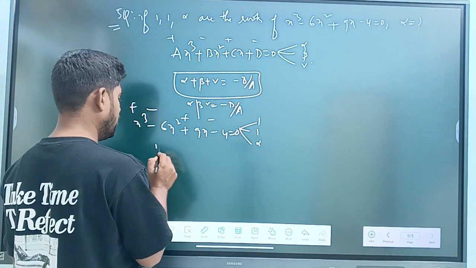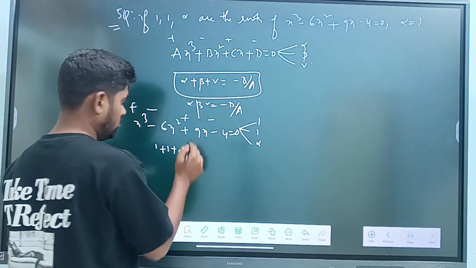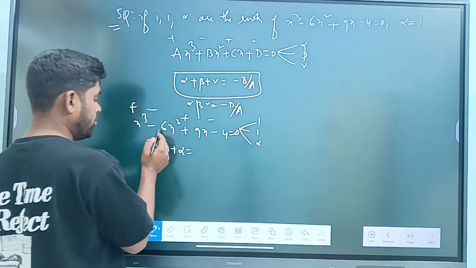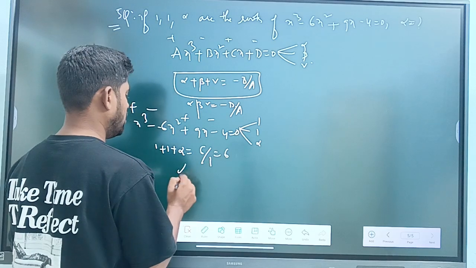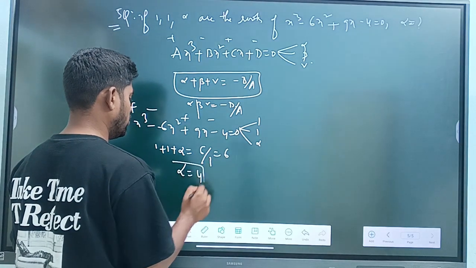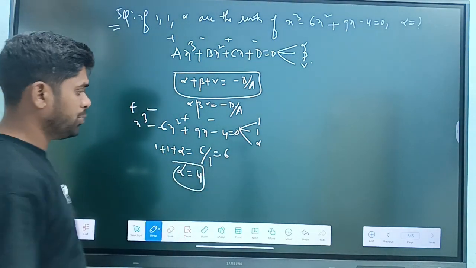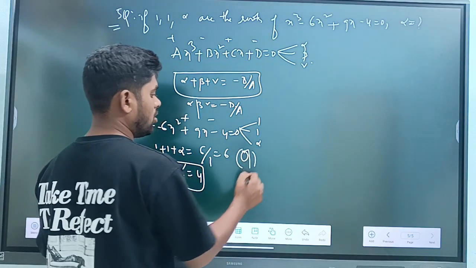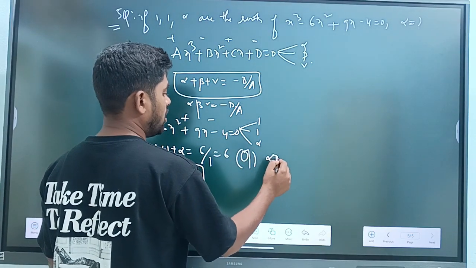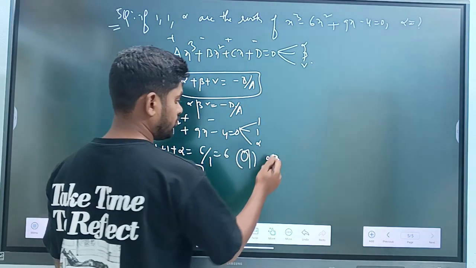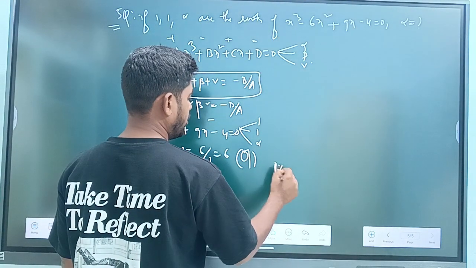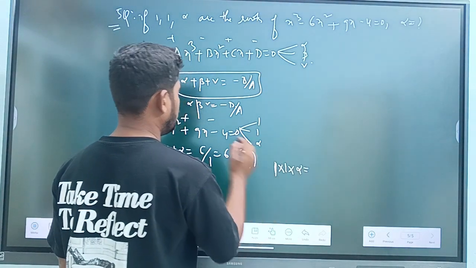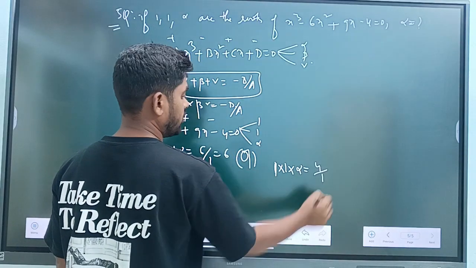Compare చేసుకోండి, 1 plus alpha equal to minus b by a, that is 6. So alpha is what? 4 అవుతుంది. 6 minus 2. లేకపోతే ఇలా కూడా చేయొచ్చు. Product of the roots alpha beta gamma. 1 into alpha, that equal to minus d by a, that is 4 by 1.